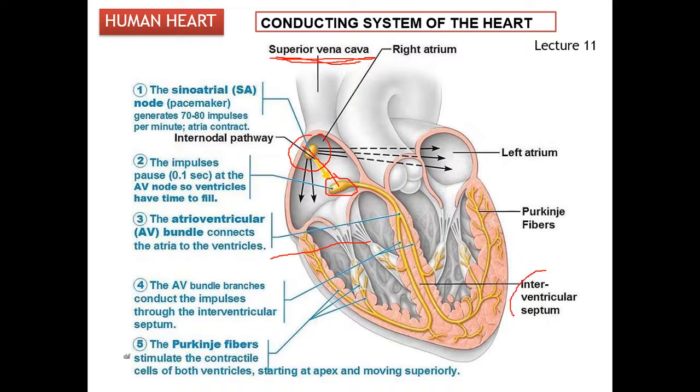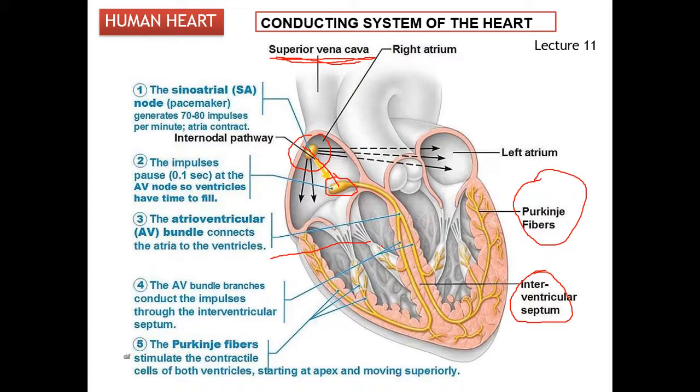Here is the interventricular septum, and from it you will see the bundles branching. One branch goes into the left side and the second branch goes into the right side of your heart muscles. These are the fibers, known as Purkinje fibers.